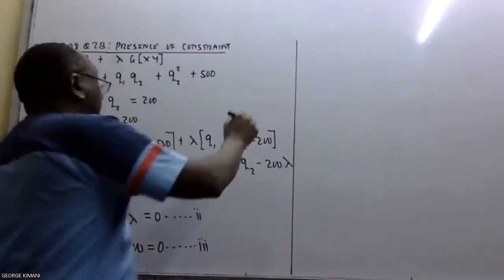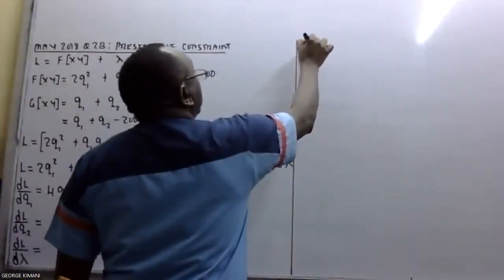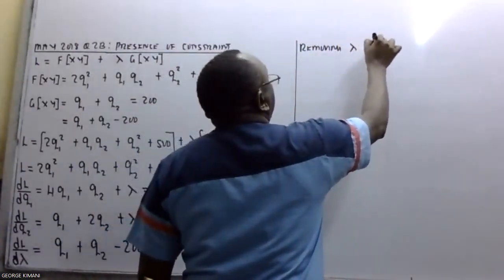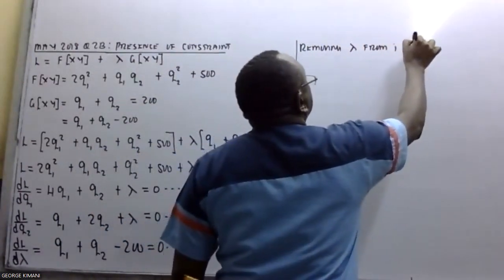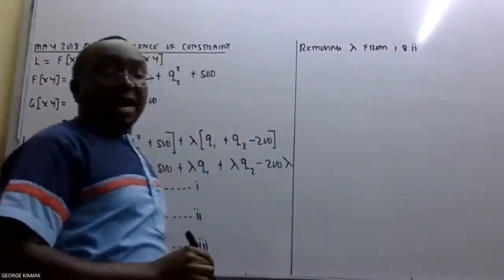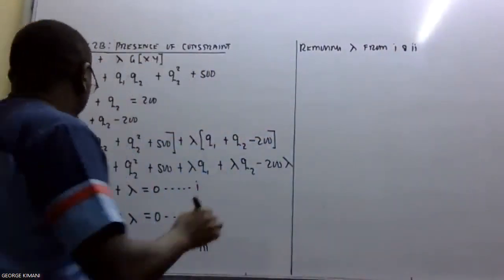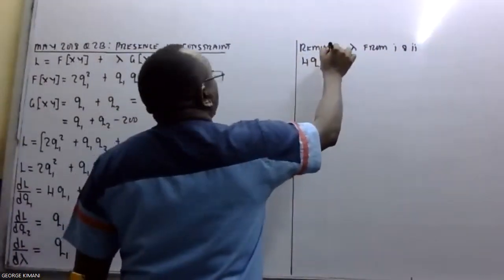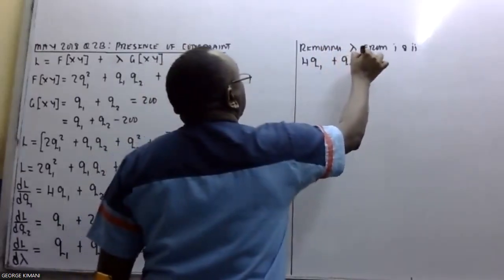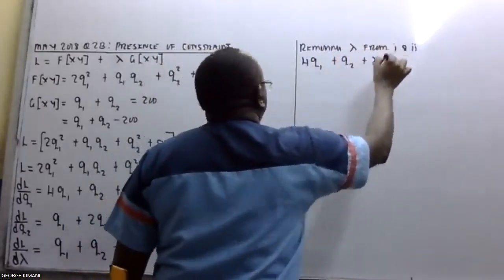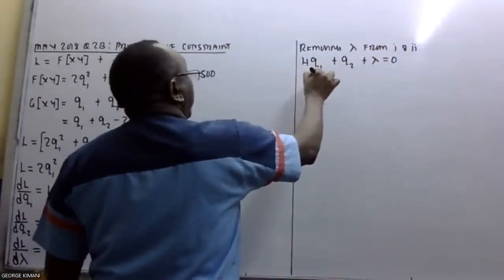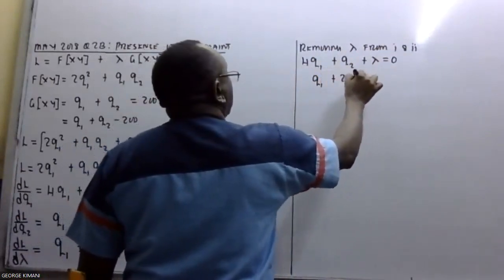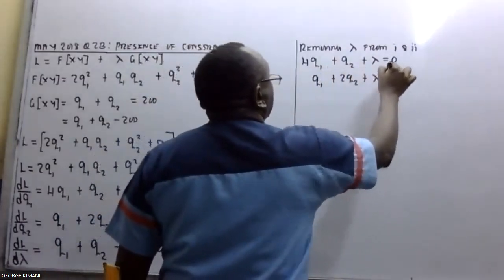Then you proceed and say, removing lambda from 1 and 2, I will have 4Q1 plus Q2 plus lambda equals 0, then Q1 plus 2Q2 plus lambda equals 0.